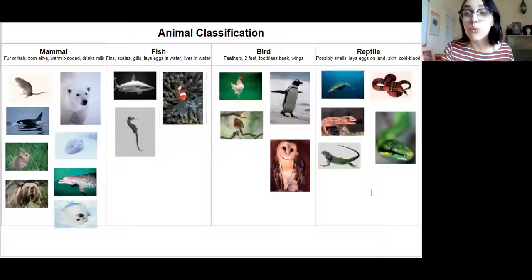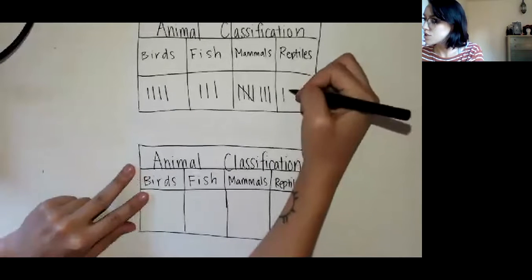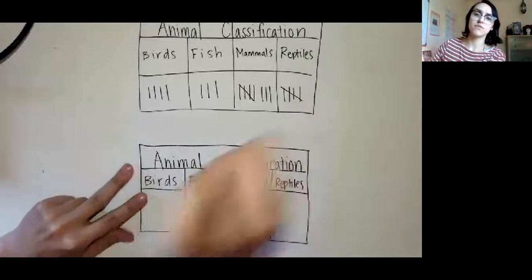And last, reptiles. We had 1, 2, 3, 4, 5 reptiles. Let's track that with our tally marks again. 1, 2, 3, 4, 5 reptiles.